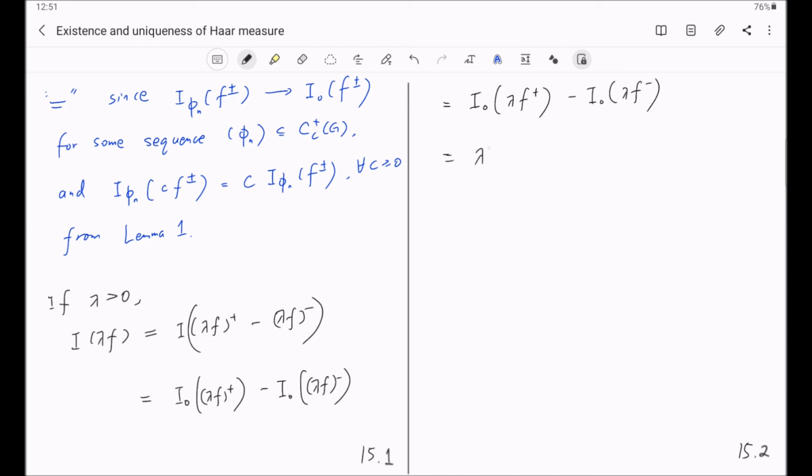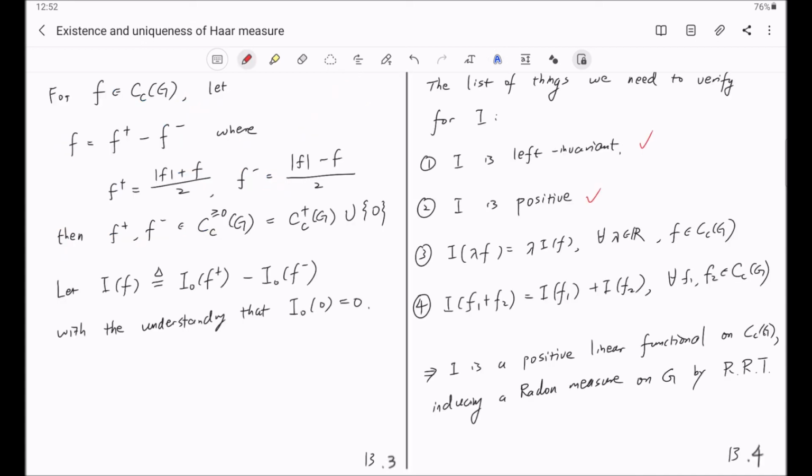So in the end, for the same reason, you get lambda times I0 of f plus minus I0 of f minus, which is lambda times I of f. Anyway, in all those three cases, when lambda is 0, negative, or positive, we verified that I commutes with lambda. This finishes our verification of the third property. And now let's look at the fourth property.